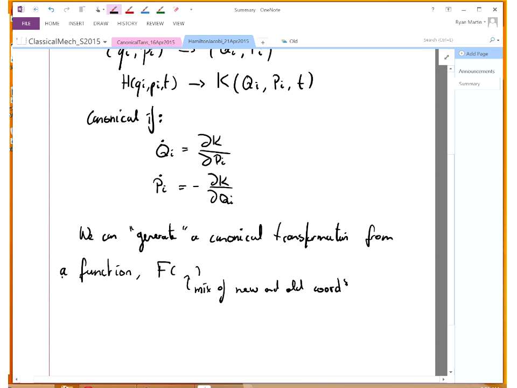So the new coordinates are the capital Q's and capital P's, whereas the old coordinates are the lowercase q's and the lowercase p's.